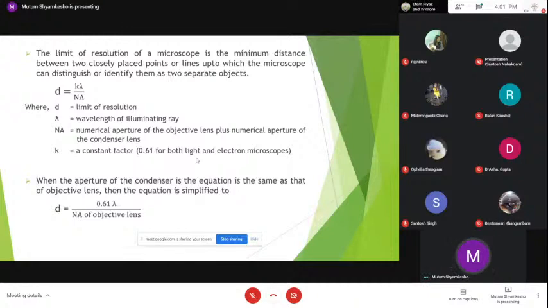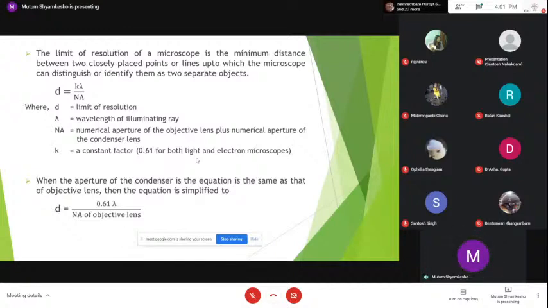As for example, the normal healthy human eye at a normal viewing distance of 25 centimeter has a limit of resolution of approximately 0.1 mm. It means that two objects or two points or two lines which are spaced by 0.1 mm can still be identified by human eyes as two separate lines or objects or points.